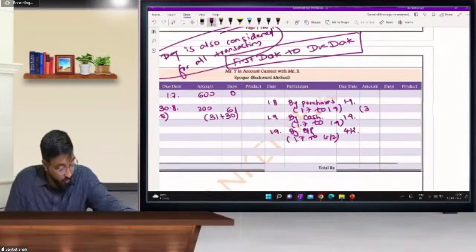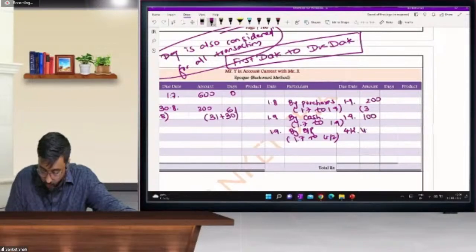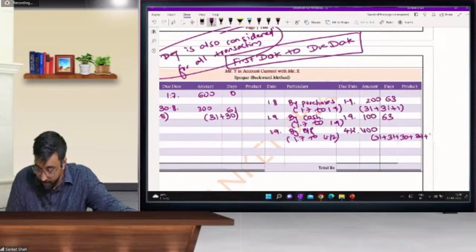Okay, so 1st July to 1st September, beta. July has 31 days. So what is the amount? I forgot the amount, 200, 100 and 400. Okay, so here 31 and 1, how many days? 63, here also 63, and here it is very difficult, and December. From 1st July, July 31, August 31, September, October, November, and then December.